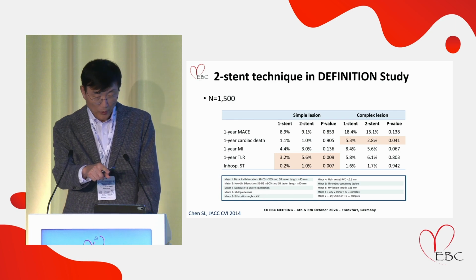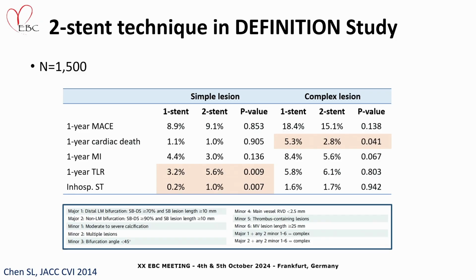It's just very small letters down there, but there are 2 major criteria and 6 minor criteria for complex lesion, but each of the variables was not proved in any clinical trials. So I'm not happy about the bifurcation angle less than 45 degrees, and the main vessel lesion length more than 25 mm, which are indications for the two-stent technique. I'm not happy with that.